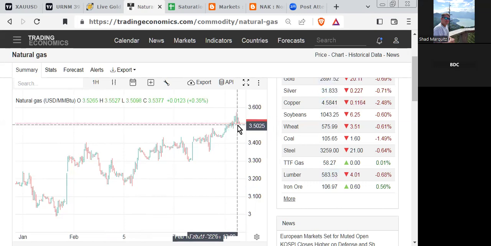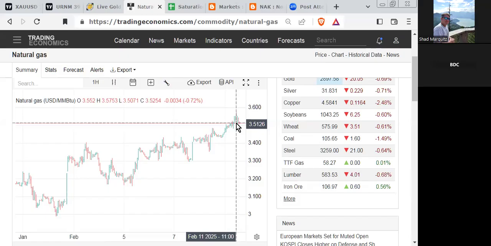My calculation was 3.573, and this one actually hit 3.575, and I don't use the fourth digit there. So incredibly accurate.